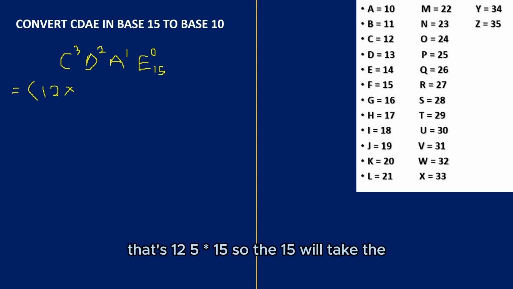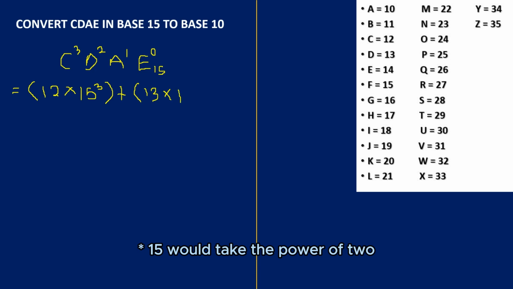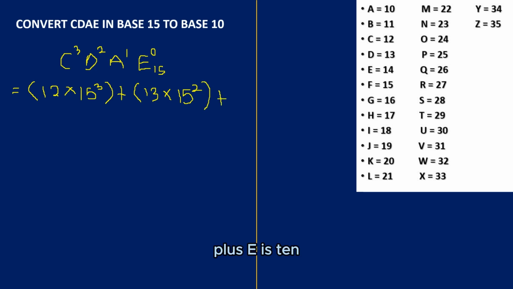That's 12 times 15, so the 15 will take the power of 3, plus our D is 13 times 15 that will take the power of 2, plus A is 10 times 15, we take the power of 1.